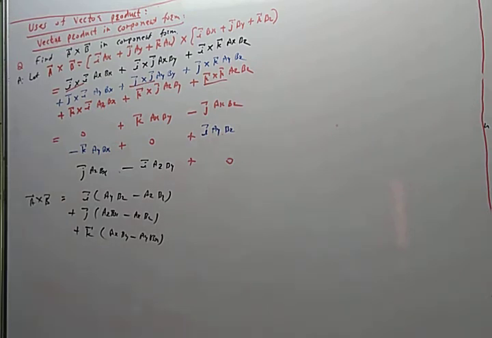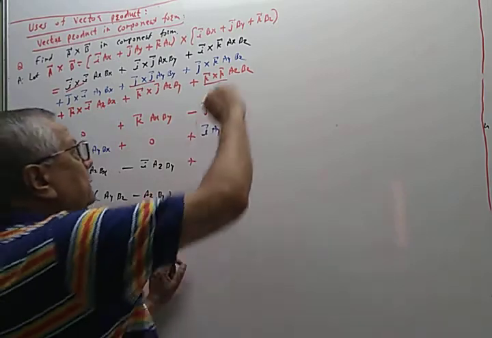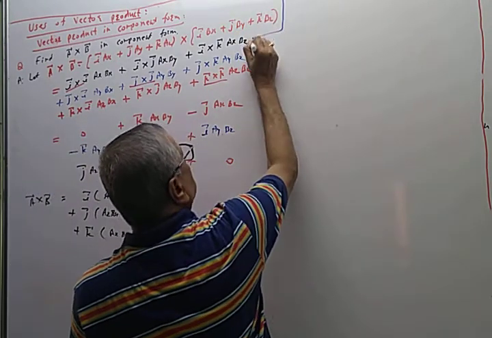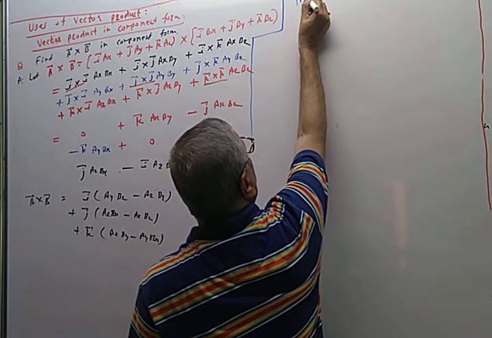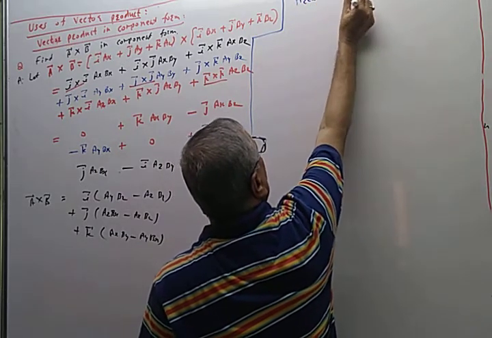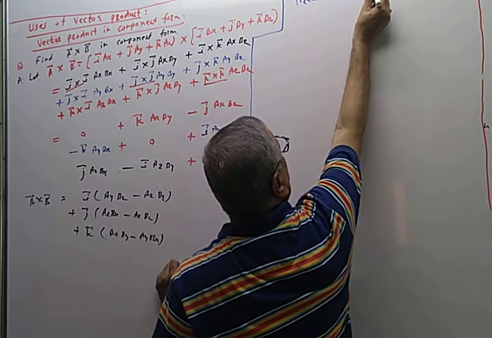We have to find that the magnitude of the cross product of the two vectors is numerically equal to the area of the parallelogram whose adjacent sides represent the two vectors. So area of a parallelogram.